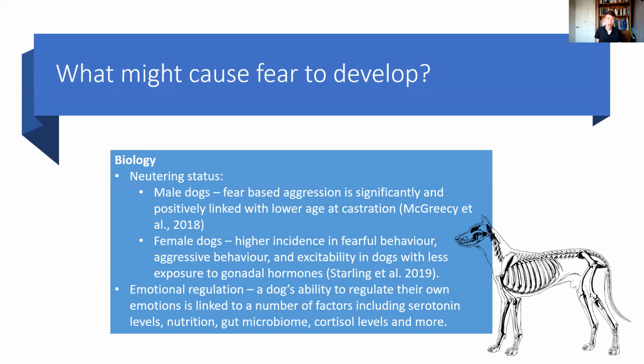And another really interesting topic at the moment that, again, we don't have time to dive into too much today, is the gut microbiome and how that can influence aggressive behavior. The health of an animal's, or a dog's in this case, gut microbiome can have a big effect on whether a dog responds aggressively or not. One reason for this is because a lot of serotonin is actually produced in the gut.